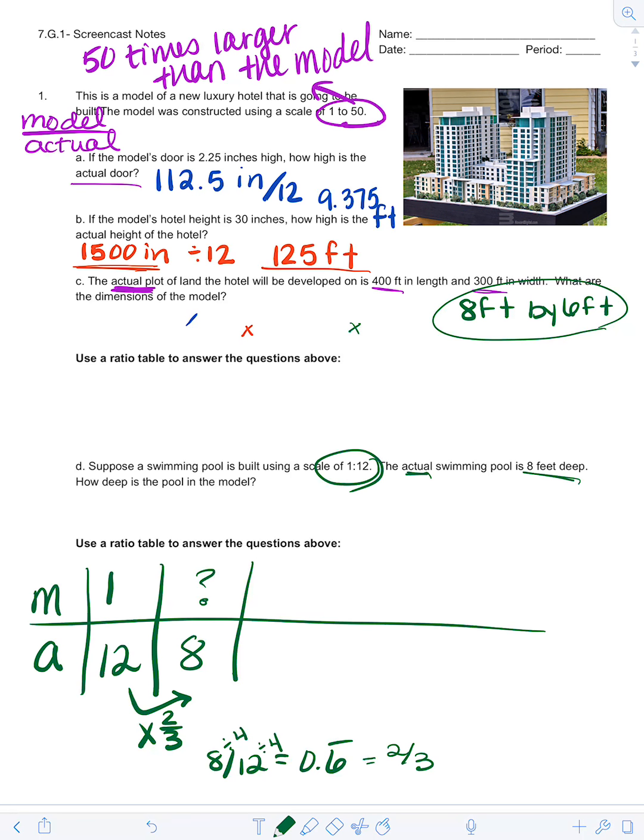So I can go and check it. 12 times 2/3 should give me 8. So that works here. My answer, this was given to me in feet, so it's about 2/3 of a foot deep in our model, which makes sense. It's a model, it should be smaller. So that would be our answer.